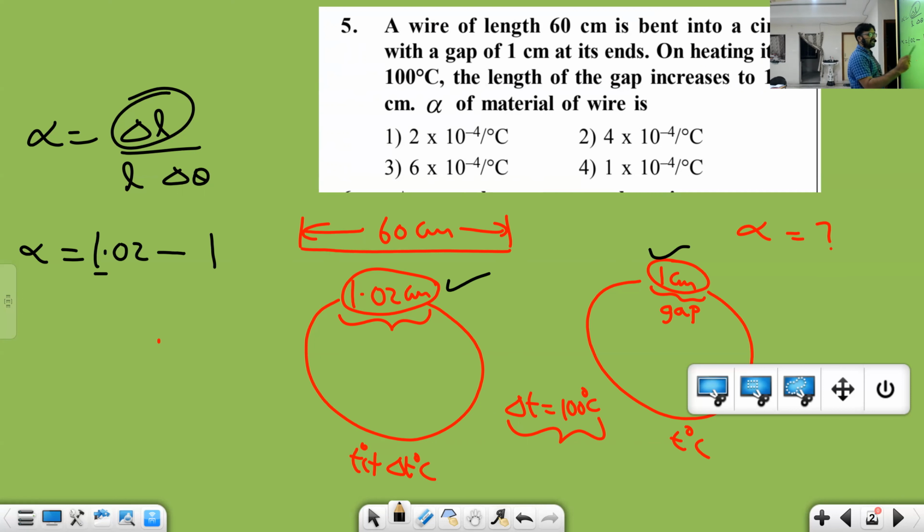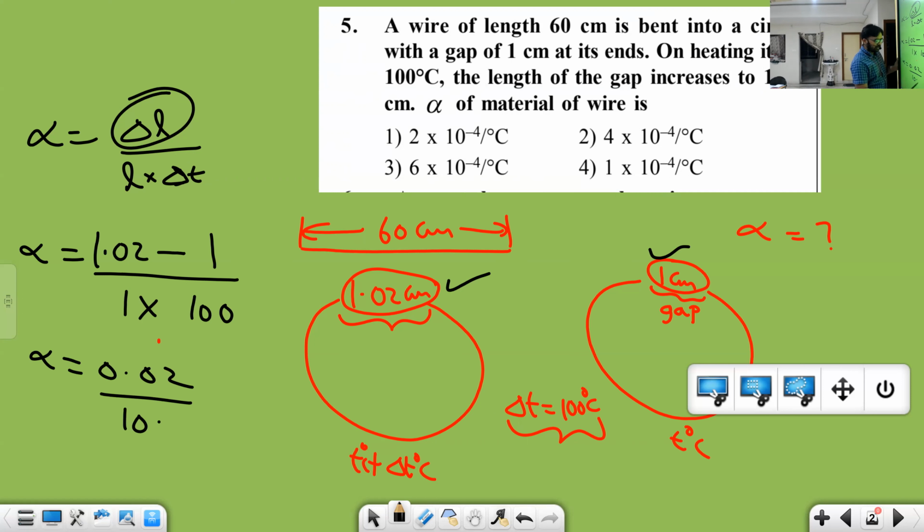Final minus initial, divided by the original length L, which is 1 centimeter, times the temperature difference, which they mention as 100. We can take it as delta theta or delta T, it doesn't matter. So finally we got 0.02 by 100, which is nothing but 2 into 10 power minus 4 per degree centigrade.